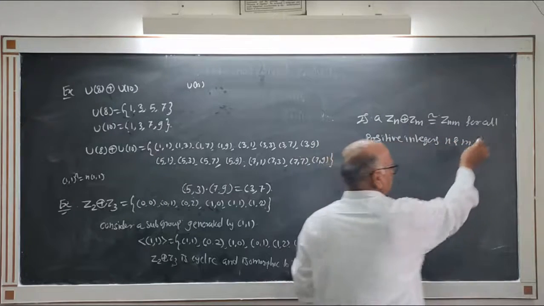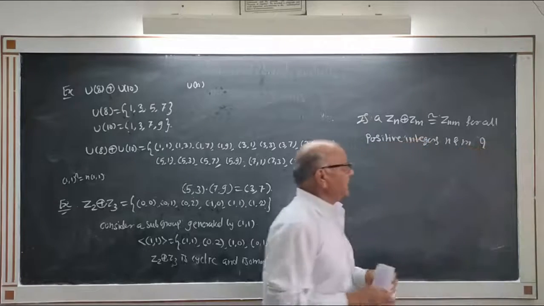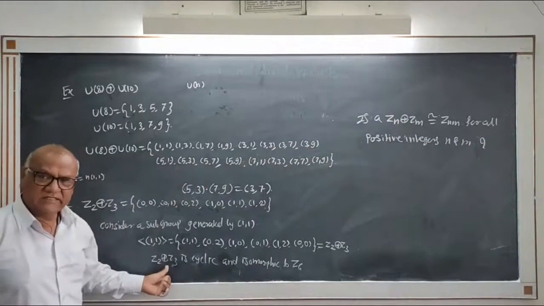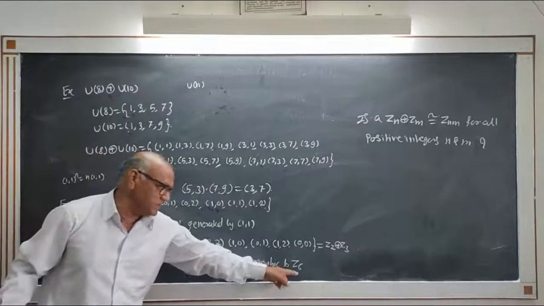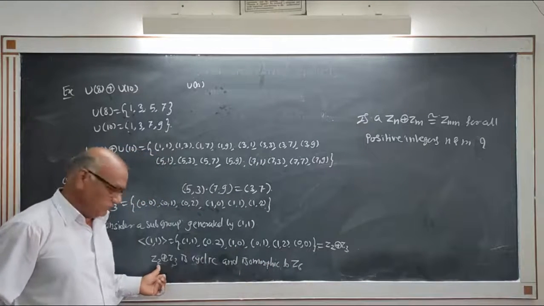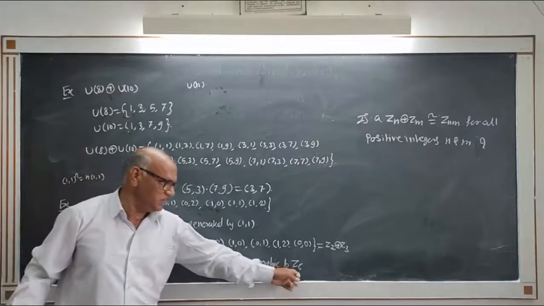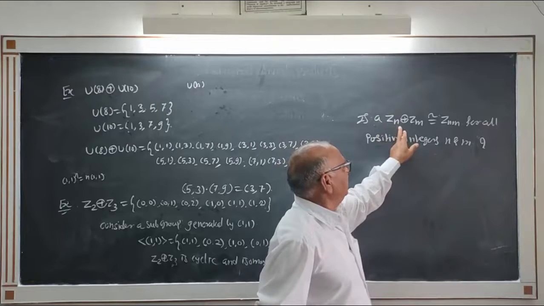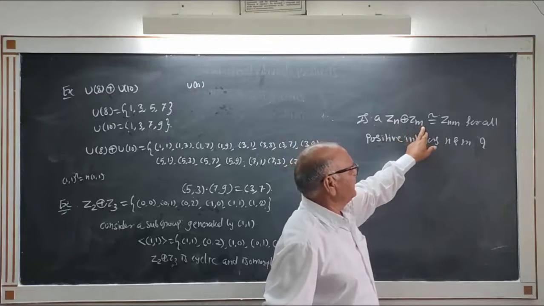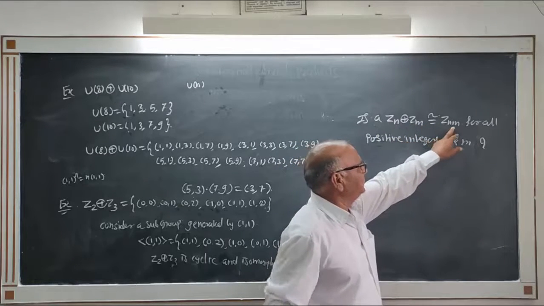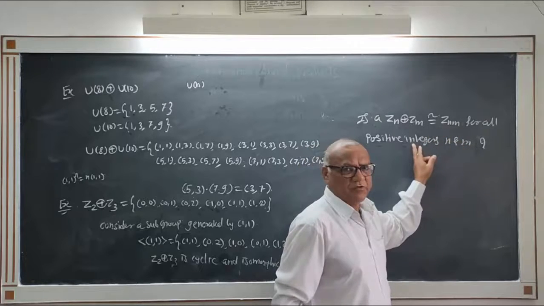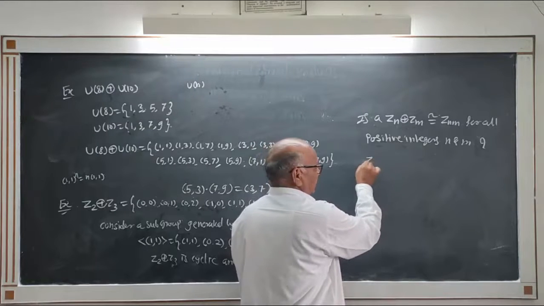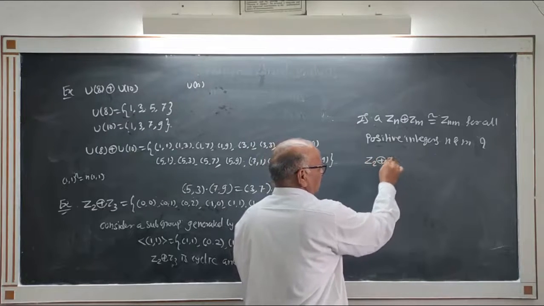Here Z2 ⊕ Z3 is isomorphic to Z6, the product of these two, 2 times 3. But is Zn ⊕ Zm isomorphic to Znm for all positive integers n and m? The answer is no. Take Z2 ⊕ Z2.